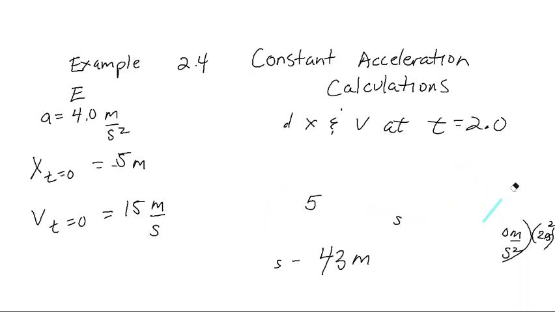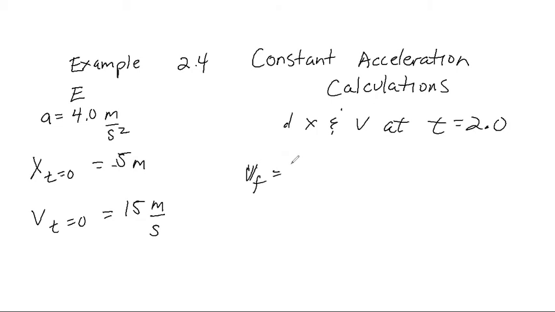Now we need to find our velocity at 2.0 seconds. For that, we're going to use the velocity equation, and this is still part A, right? Okay, so our final velocity, VF, is going to equal the initial velocity plus acceleration times time.